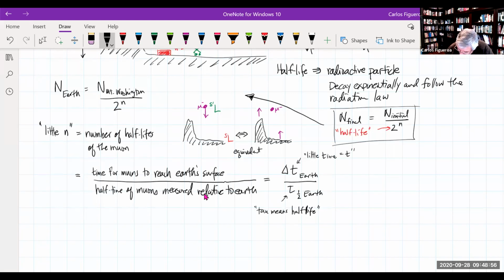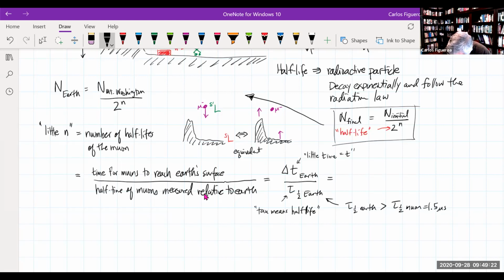So what we expect here is that this guy is going to be what? The half-life measured relative to Earth should be larger than the half-life measured relative to the muons, the proper life. Right? We expect that because that observer sees the muons moving relative to him, so therefore we expect that to be larger.